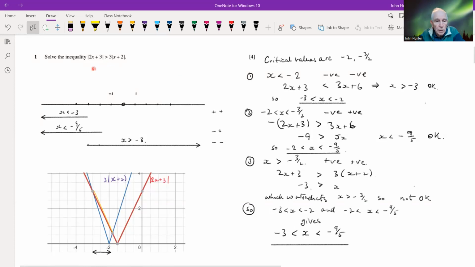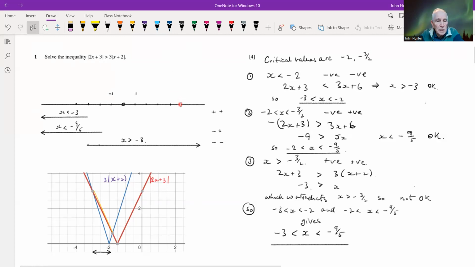The idea behind this really is that at a certain value, this x plus 2, at x equals minus 2, for values less than that, it's going to be negative, and for values greater than that, it's going to be positive. And we've got a similar thing in here with x equals minus 3 over 2. So those two are the actual critical values in this sort of analysis.